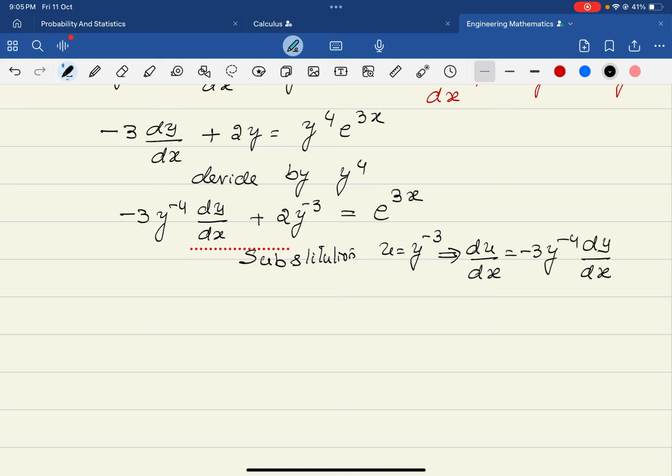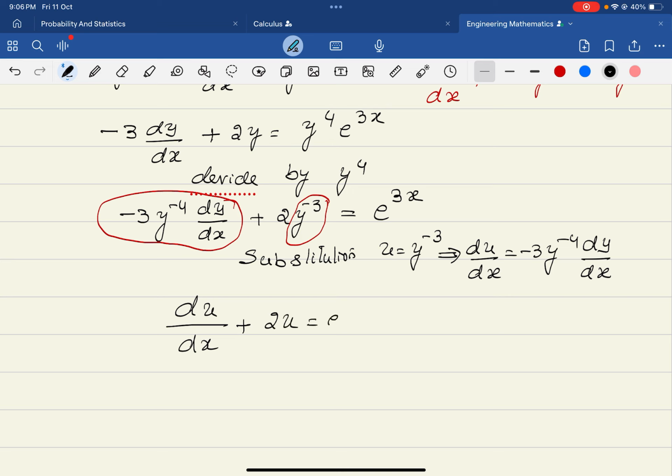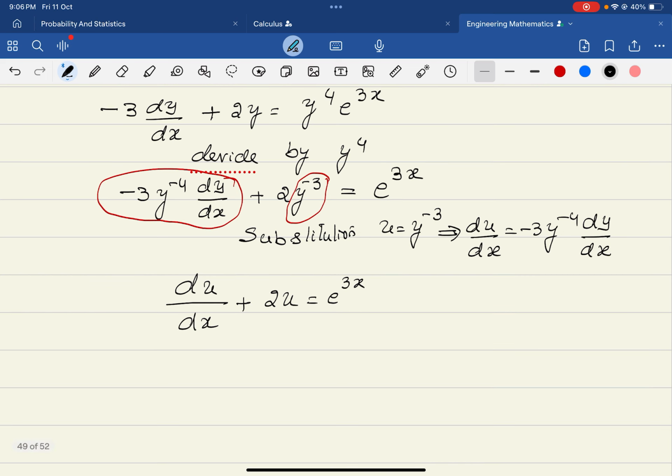So we can directly substitute this whole thing as du by dx, and y power minus 3 as u, correct? And now we get du over dx plus 2u is equal to e raised to 3x. So it is exactly the standard form of the linear differential equation.